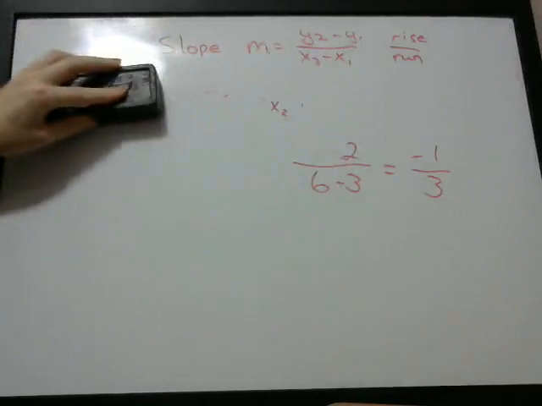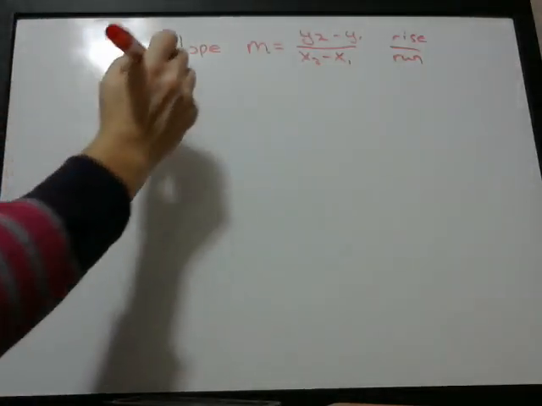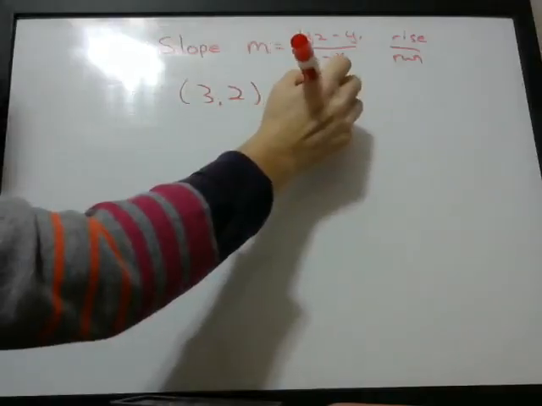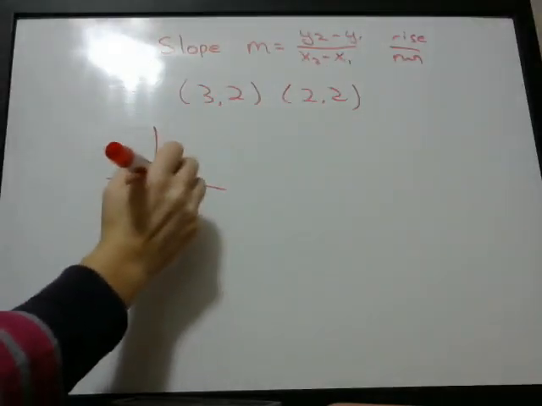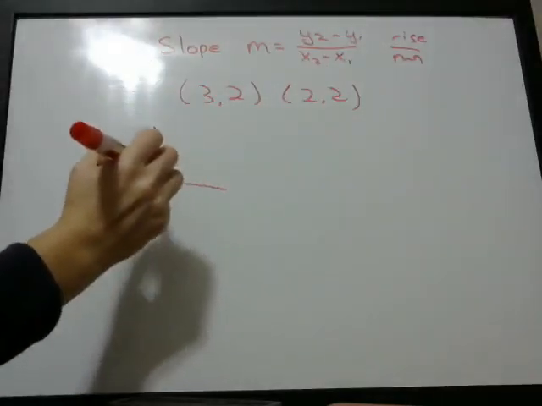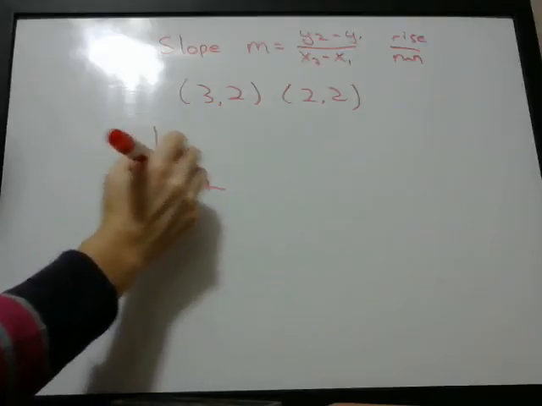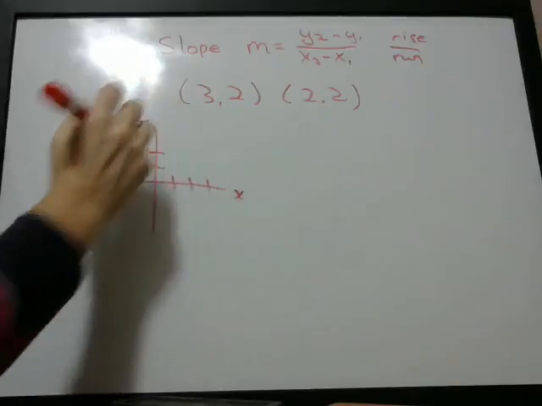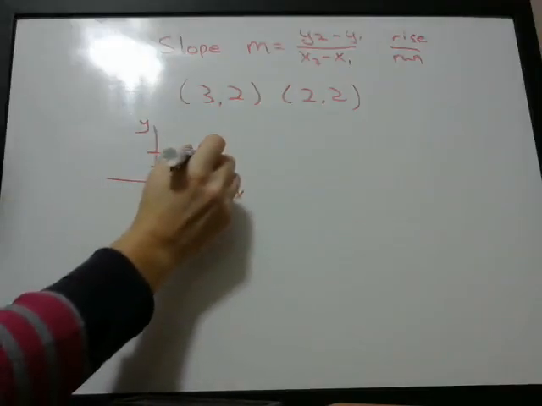Remember we said that if it's a horizontal line, you're going to get 0. So let's say we have points like this. Point 1, we're going over 3, up 2.